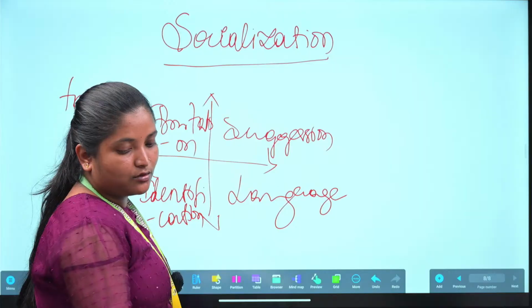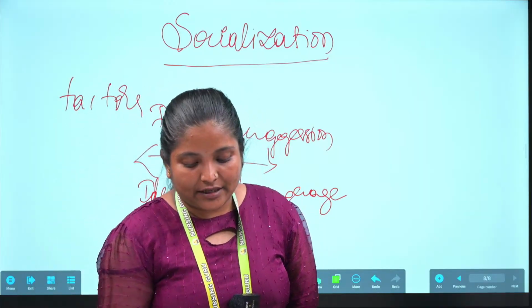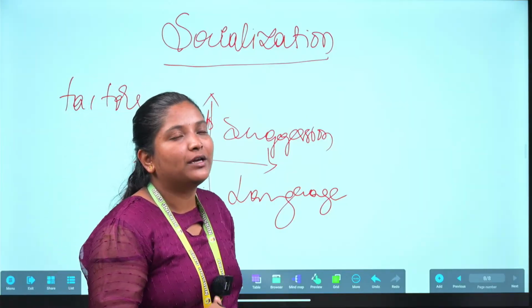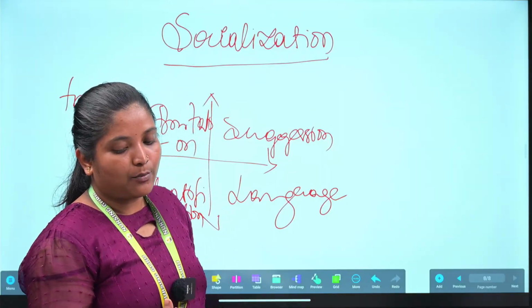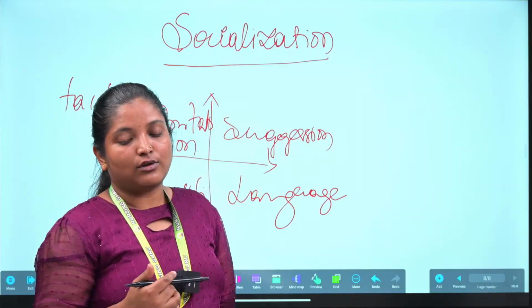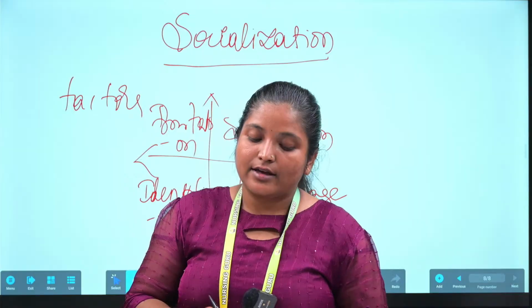Imitation is the process of copying actions. So in imitation, you copy somebody else. Suppose you imitate your favorite hero, that kind of thing is a factor of socialization. The next one is suggestion.